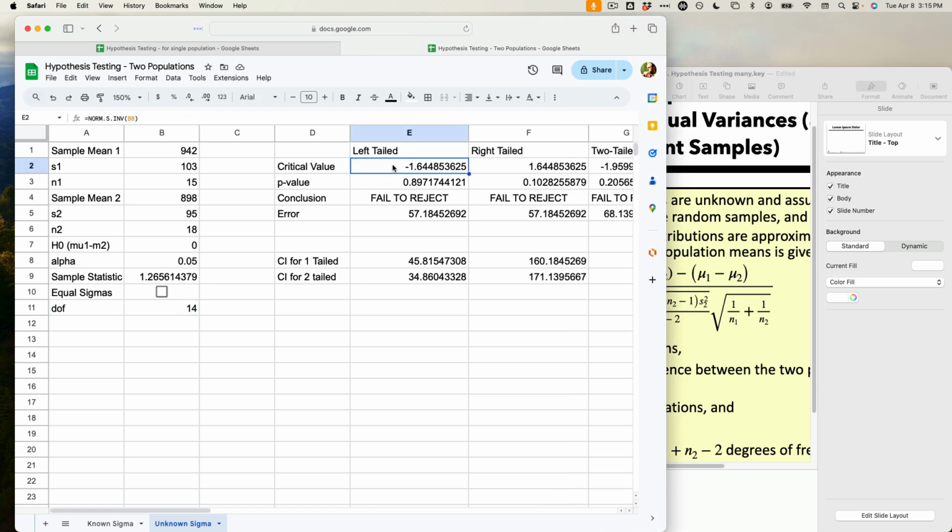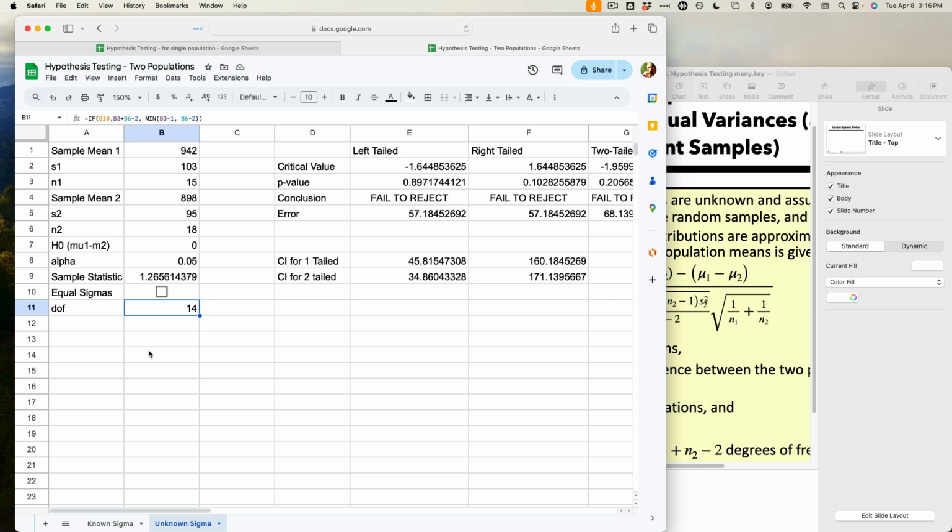Okay, so now we can go to critical values. Yeah, so if we have equal sigmas, then use this formula n1 plus n2 minus 2. If we have unequal sigmas, it's the minimum n1 minus 1 or n2 minus 1.